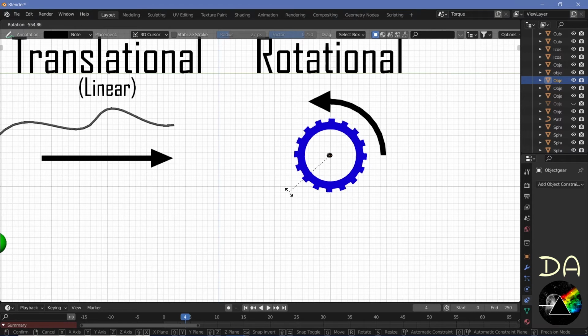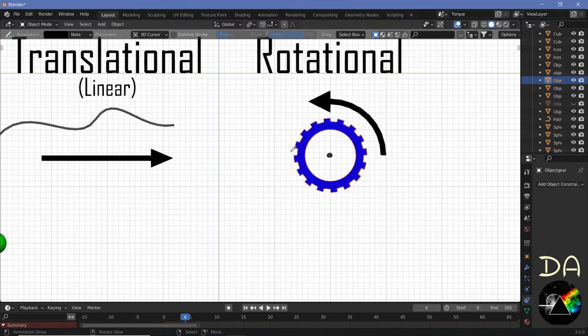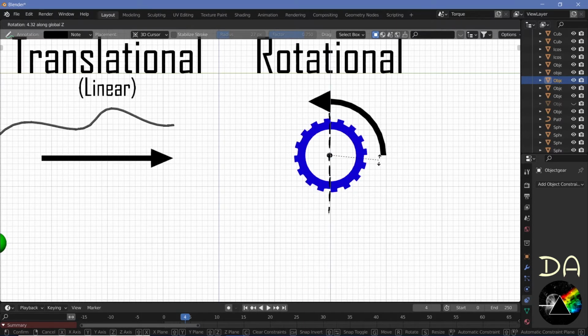Now, rotational motion doesn't necessarily have to be about this particular axis. If you were to constrain the movement, instead of this pivot, have maybe a line going through the vertical axis like this, the object might as well rotate like this, and that would also be called rotational motion.